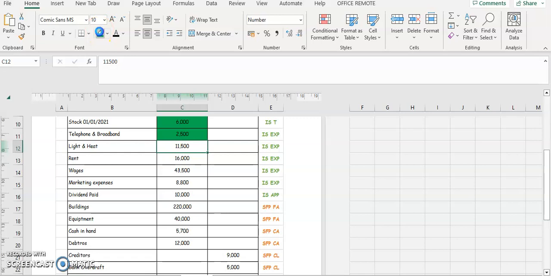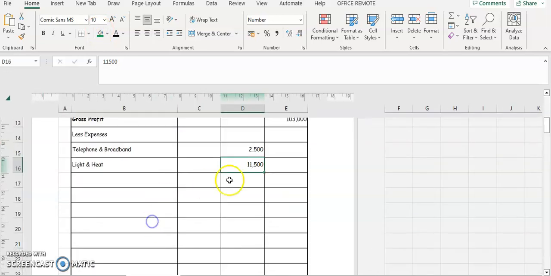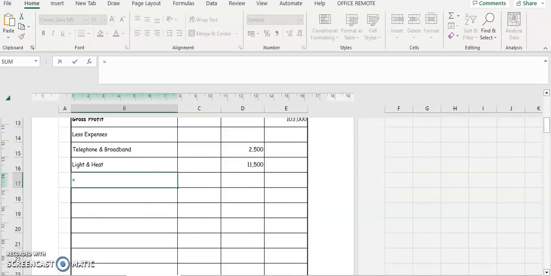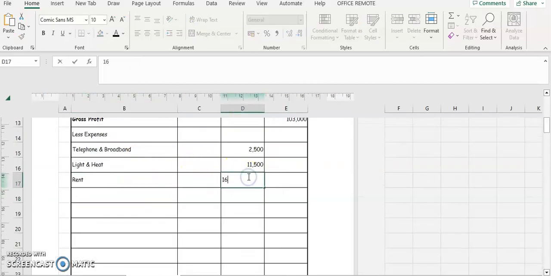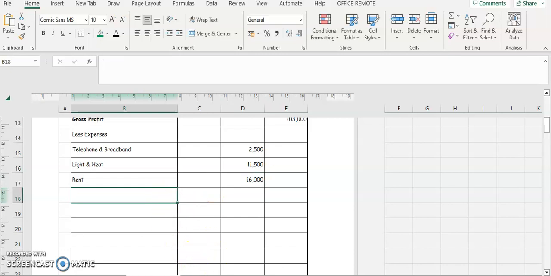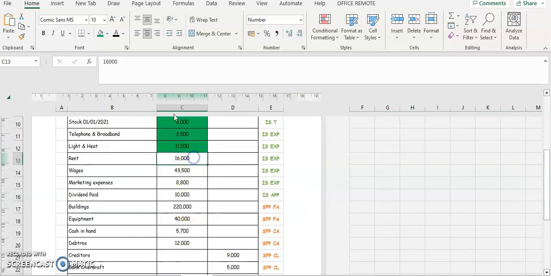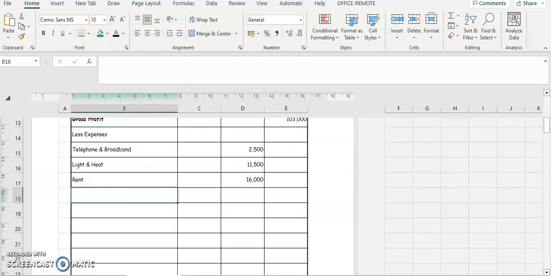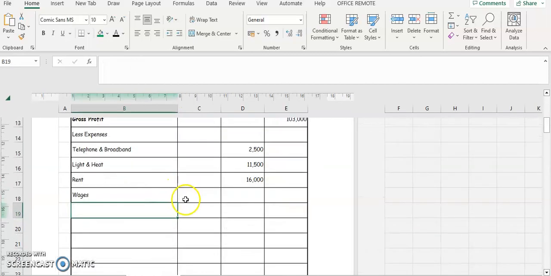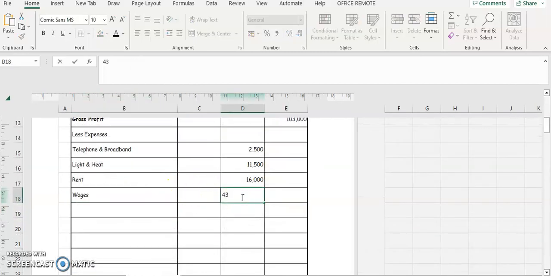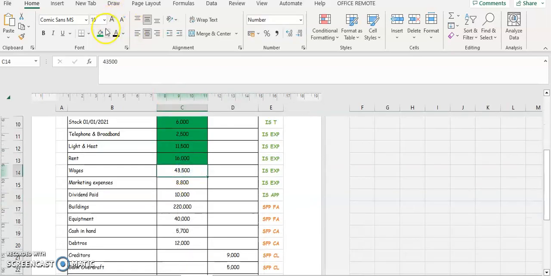Then we've got rent, 16,000. We're going to put a line through that as well. And then we've got wages, 43,500. Put a line through it.